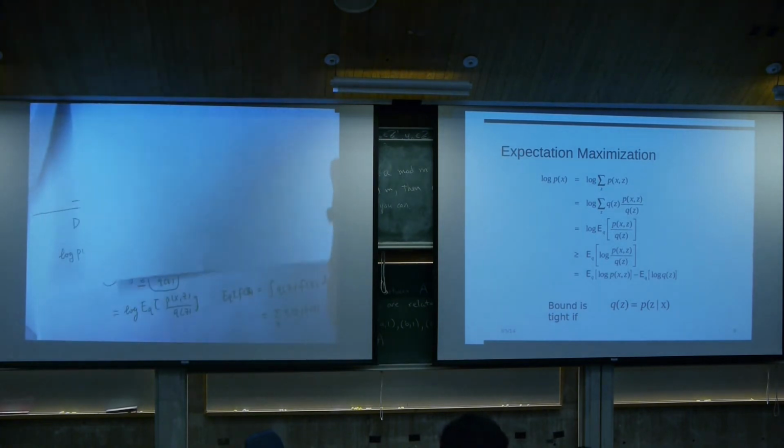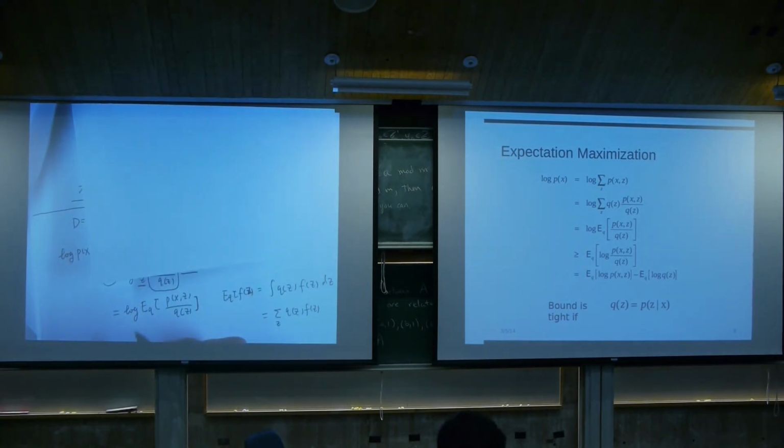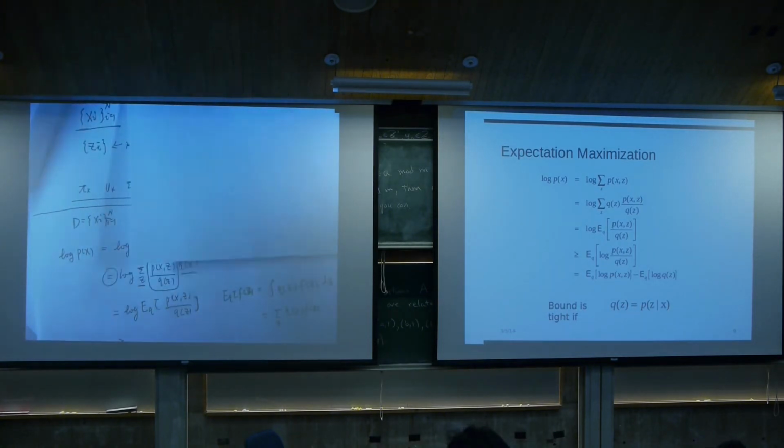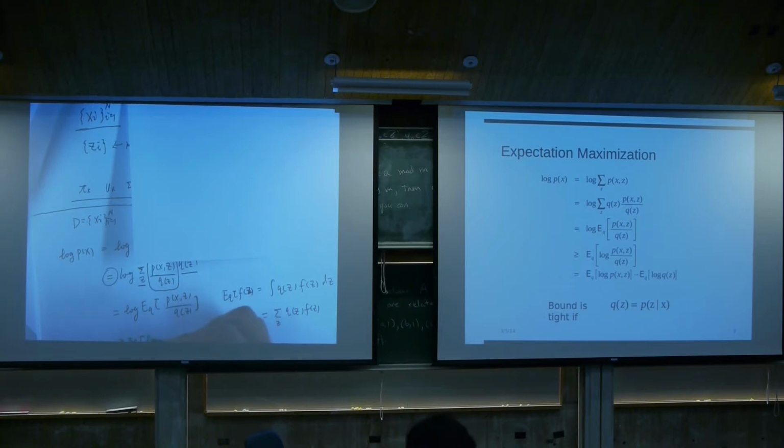So applying this Jensen's inequality, we can get a lower bound of this guy. Because the log function is concave, according to Jensen's inequality, this one becomes the expectation of log p(x,z) over q(z).